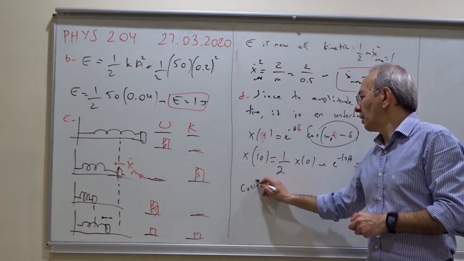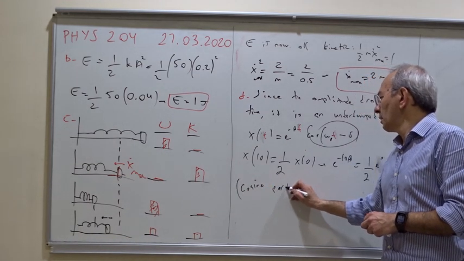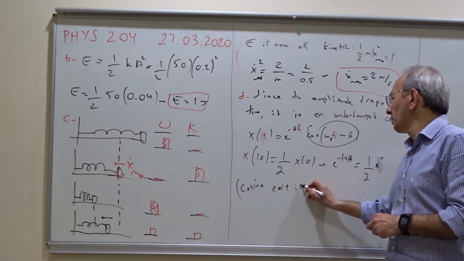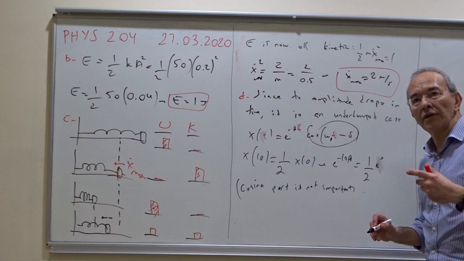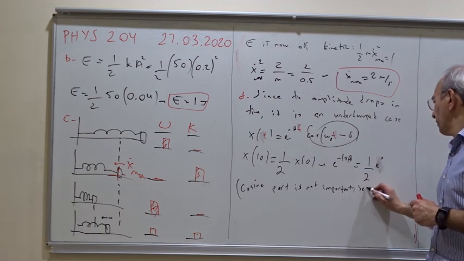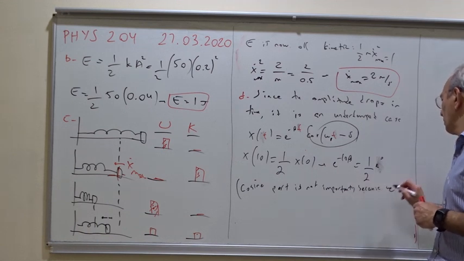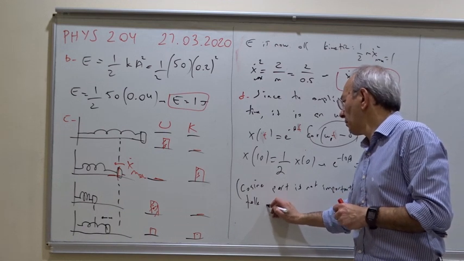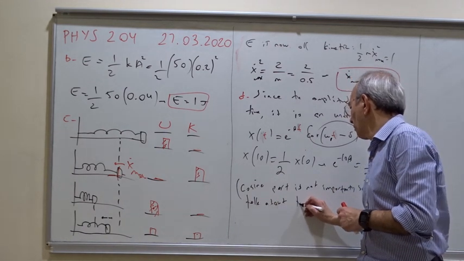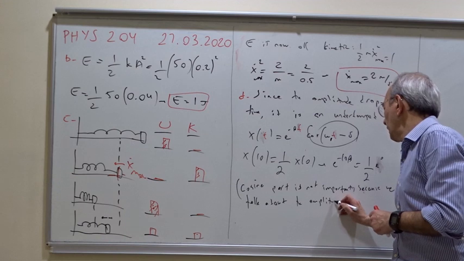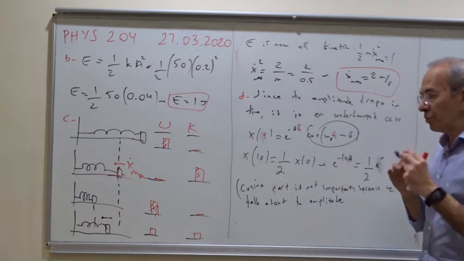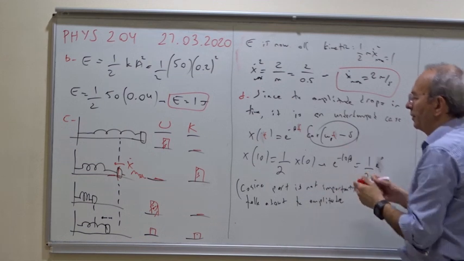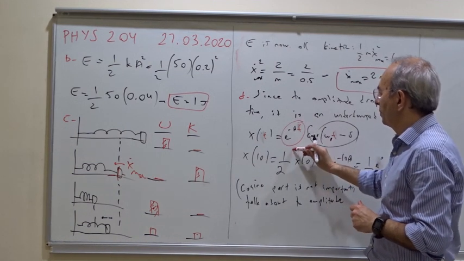Cosine part is not important because we talk about the amplitudes. And the amplitude, the envelope, is determined by this first part. This is the envelope.